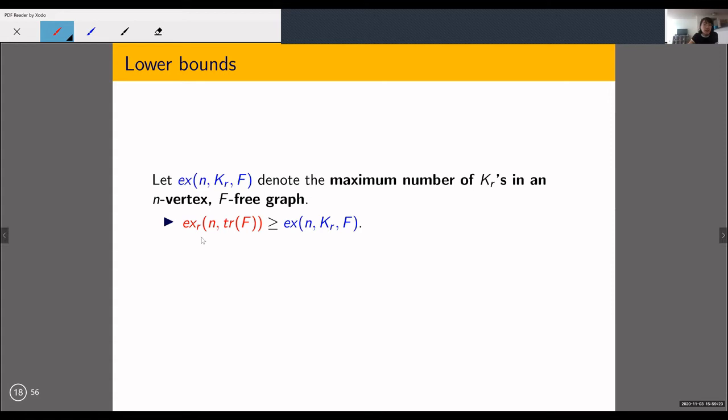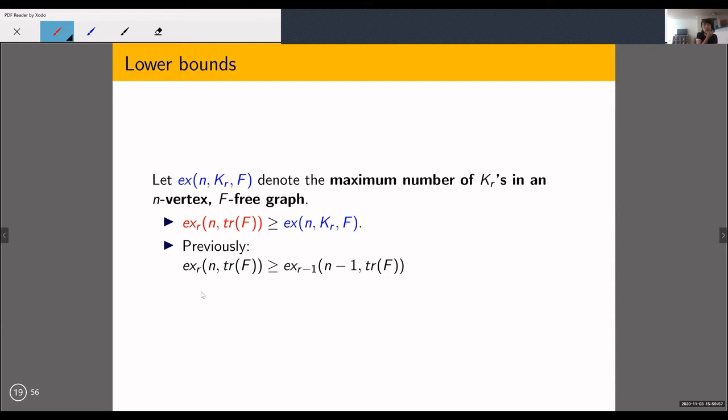What we get is that the r-uniform Turán number of the trace of F is at least this generalized Turán number. The way to see this is, let's take a construction of a graph which maximizes the number of r-cliques while being F-free. Then we construct a hypergraph by taking every clique of order r and turning it into a hyperedge. If our graph was F-free, then the resulting hypergraph will be trace of F-free.